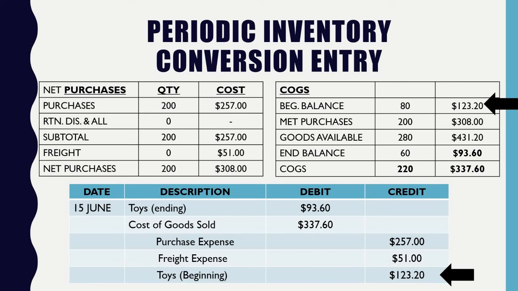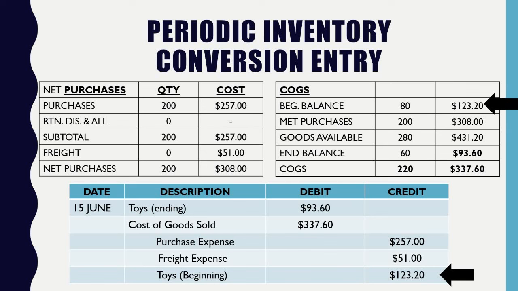Which we distributed through the ending balance and cost of goods sold. So in this case, I need to tack on one more account, and that's going to be the beginning balance of your inventory for the $123.20.